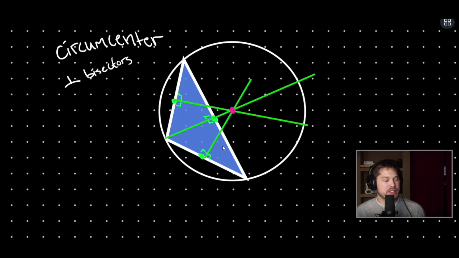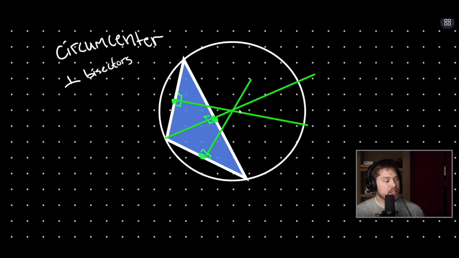As something fun to leave you guys with, I wanted to also mention there's something called Euler's Line, and it's actually been proved that if you take the circumcenter, the orthocenter, and the centroid, all three of those points will be collinear. Now, it does not include the incenter, so I didn't forget to leave it off. The incenter isn't a part of Euler's Line, but the centroid, the orthocenter, and the circumcenter are.